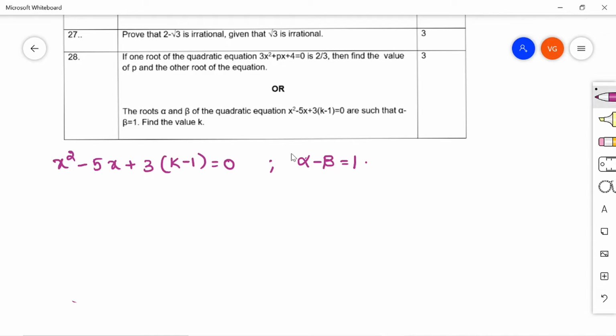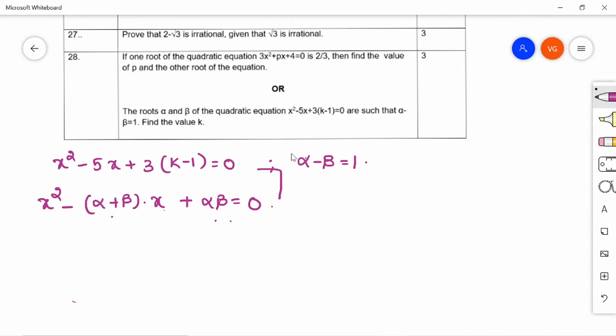And we know that if sum and product of the roots are given, then the quadratic equation can be written as x square minus sum of the roots into x plus product of the roots is equal to 0, right? This is how we can express it if we know the sum of the roots and the product of the roots.